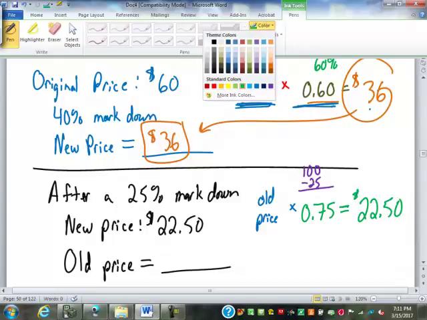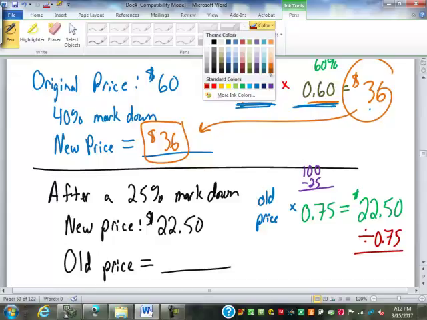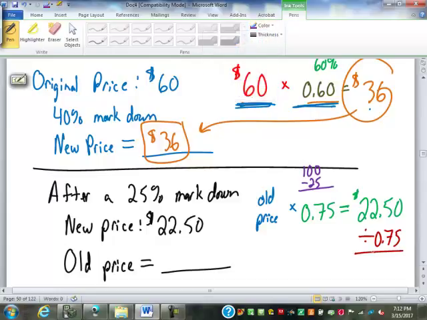Well, how do I get back from here back to there? You got it. We're going to take the $22.50 divided by the 0.75. $30 is the original price.